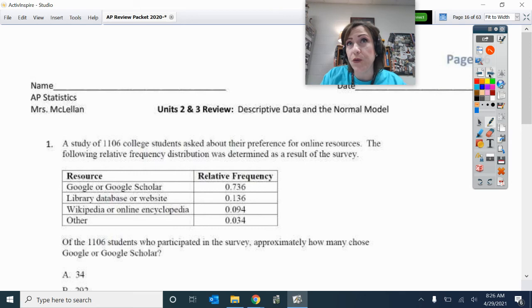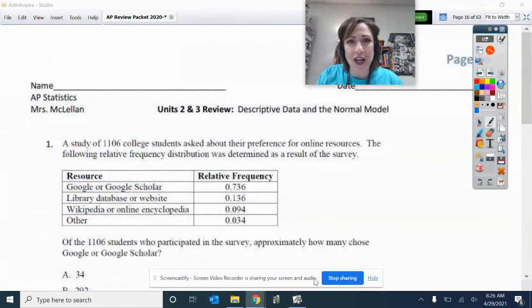So I have you doing just pages 16 to 26, and those are due before class on Monday, when we're going to go over them and then do pages 27 to 33. At the end of this review and going over it is a quiz over units 1 through 3, so you'll want to be prepared for that. Okie dokie. Good luck to you on your descriptive data practice.